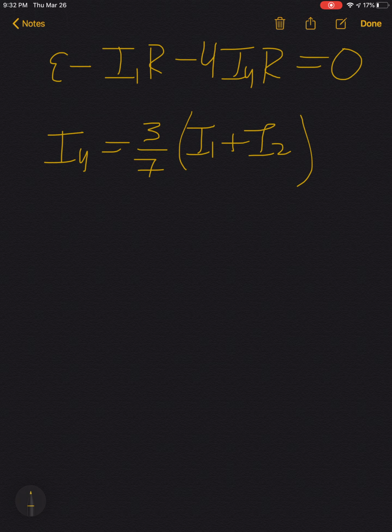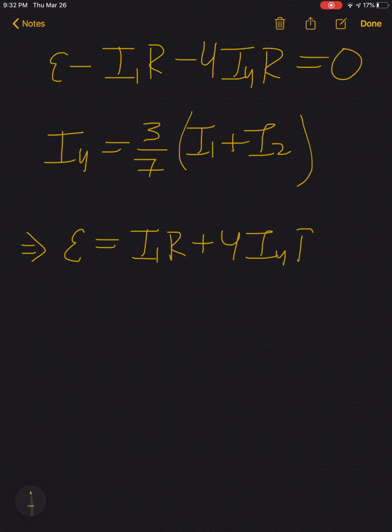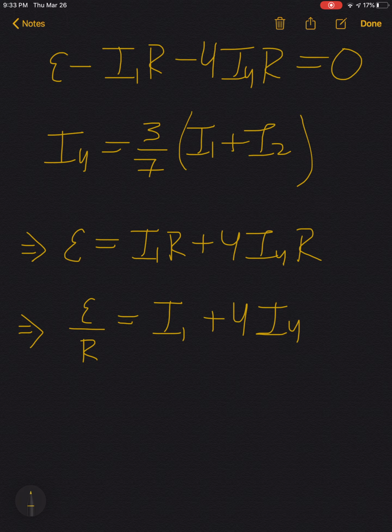In equation 1, what we're going to want to do is rearrange things slightly so that you've got E is equal to I1R plus 4I4R. You can divide by R on both sides, so you get E over R is equal to I1 plus 4I4.